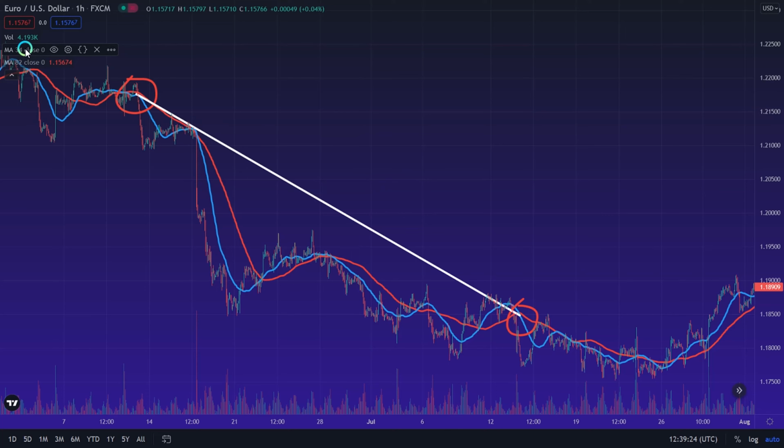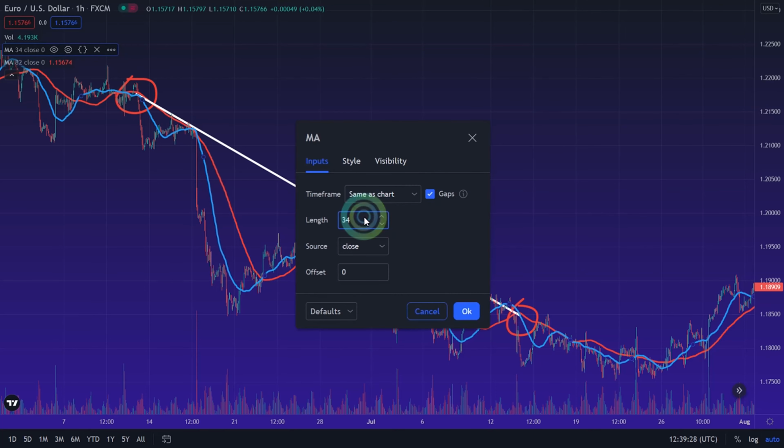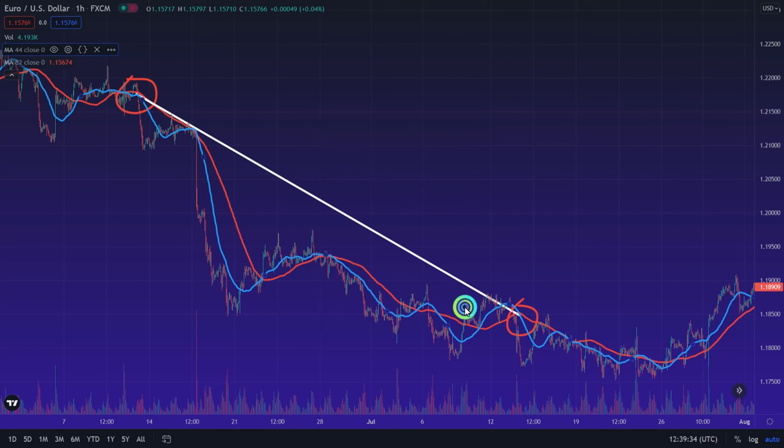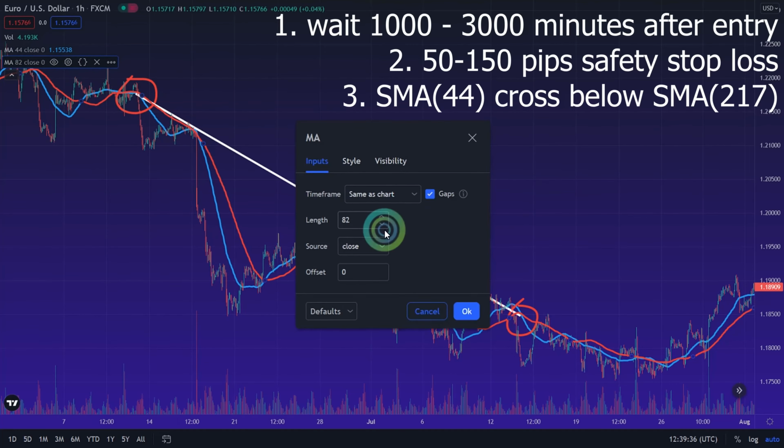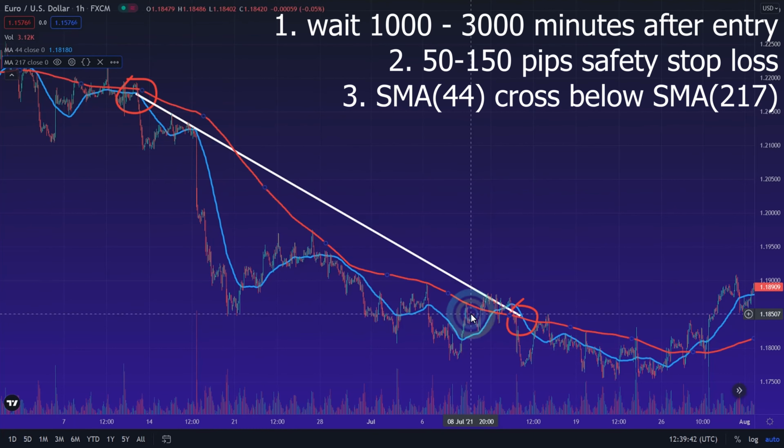So now I show it to you. Our first parameter will be a simple moving average, of course, and it is 44 period. And our second parameter will be a 217 period simple moving average.